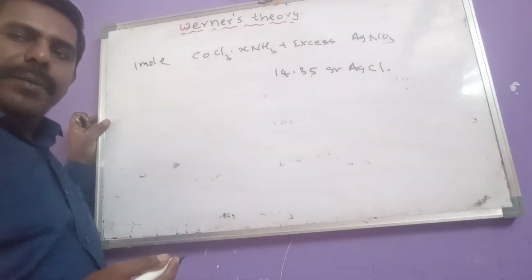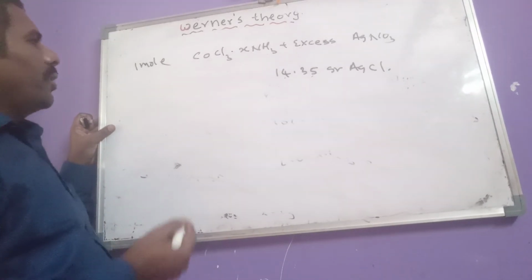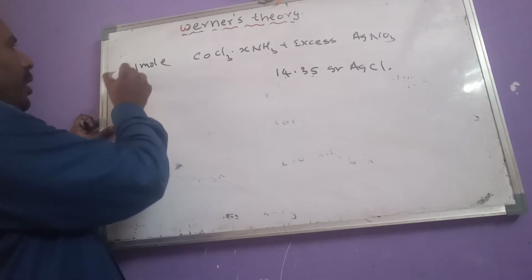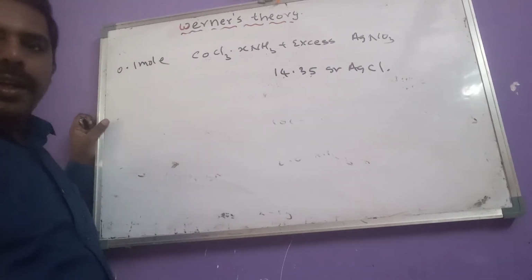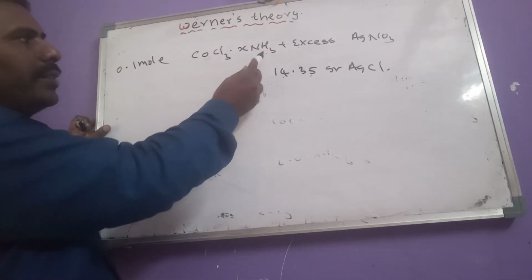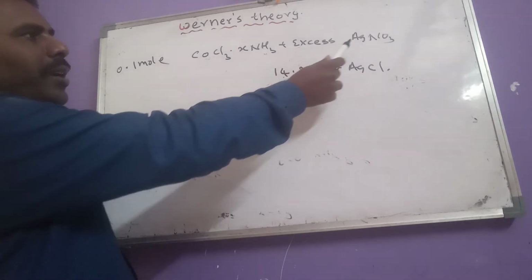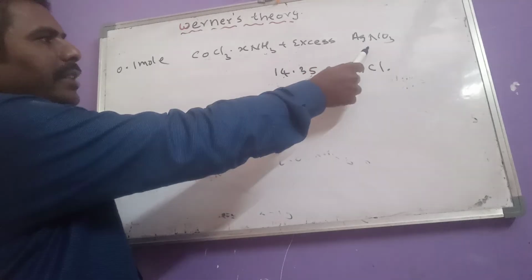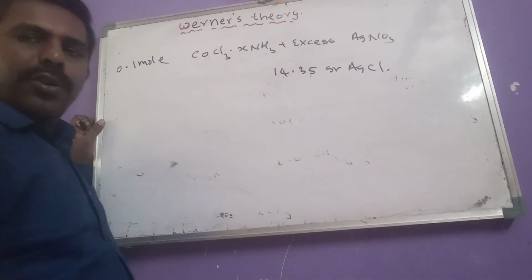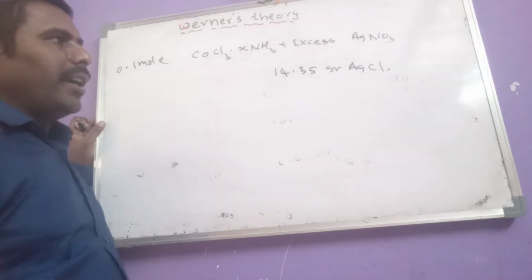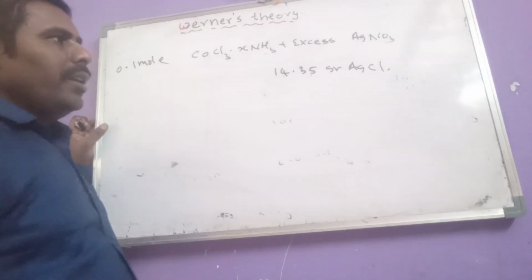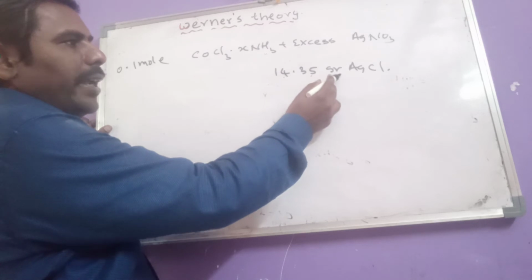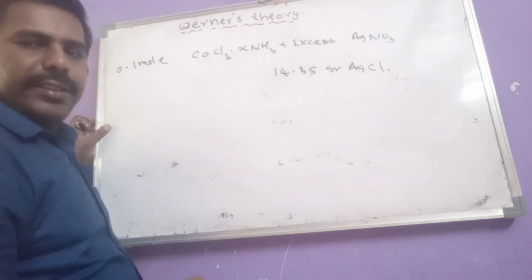Like that also they may give the question. So now here consider 0.1 mole of CoCl3·xNH3 when treated with excess of AgNO3, we got 14.35 gram of AgCl.